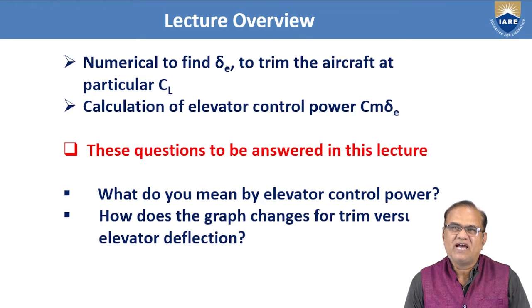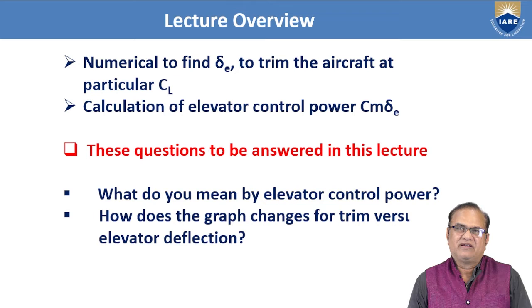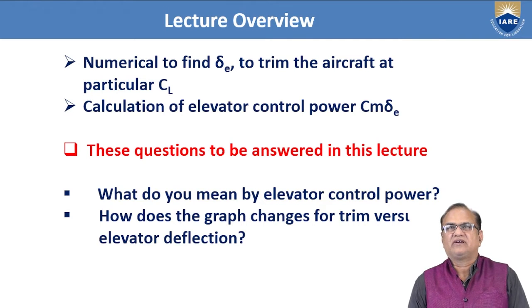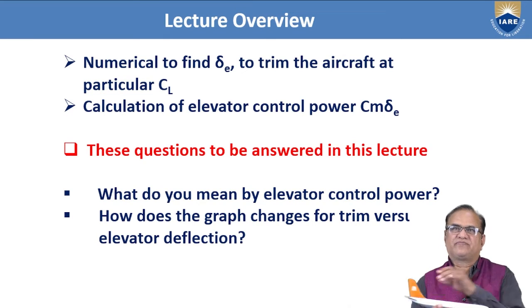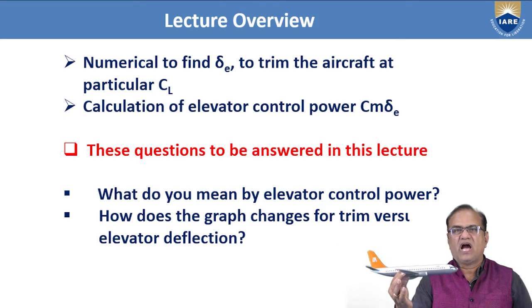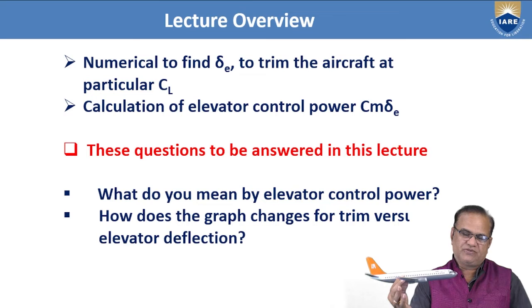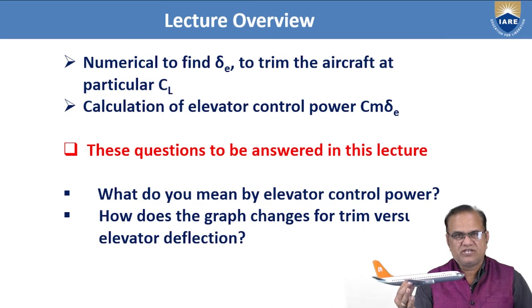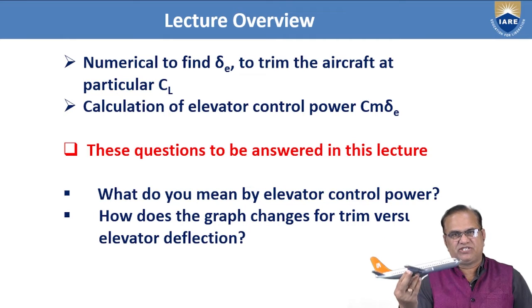So first I should focus on what DeltaE is. I will take this aircraft. If this aircraft is flying like this, I want to change its attitude. This attitude can be changed in the longitudinal direction, meaning pitching.